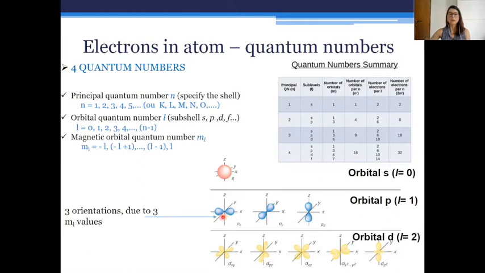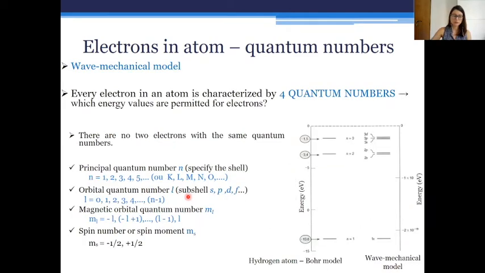Okay, so this is the case of the p subshell, and in the case of the d subshell, you can see that we have more variety of orbital orientations, and we have 5 different possible orientations for this subshell. And so the last quantum number is the spin number or spin moment.